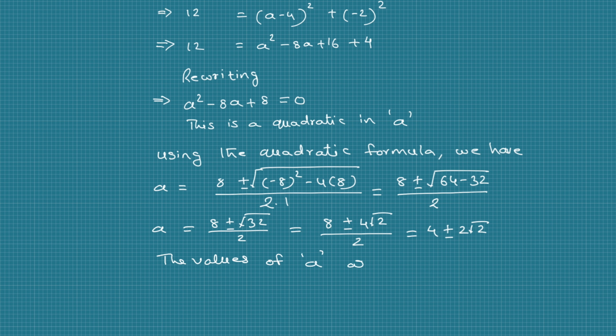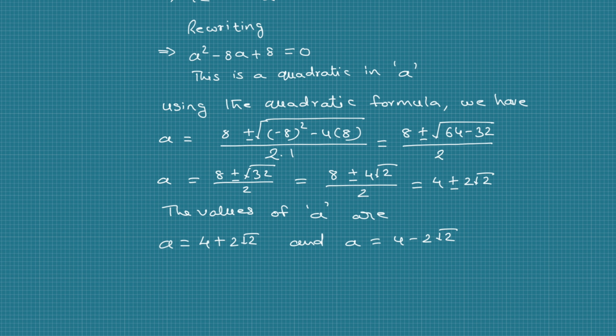So the values of a are a equals 4 plus 2 root 2 and a equals 4 minus 2 root 2. So the solution set is {4 minus 2 root 2, 4 plus 2 root 2}.